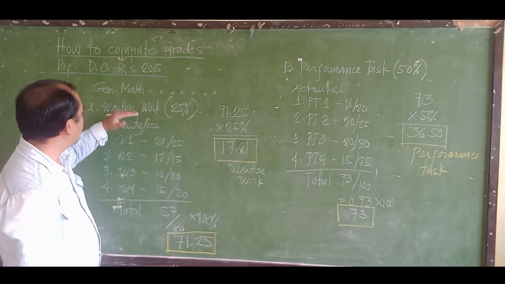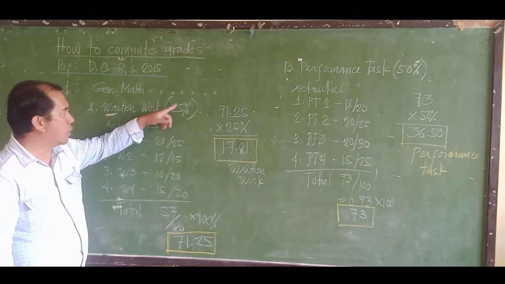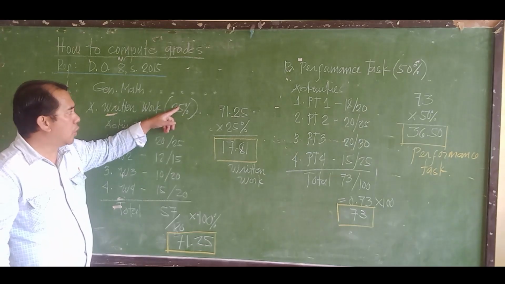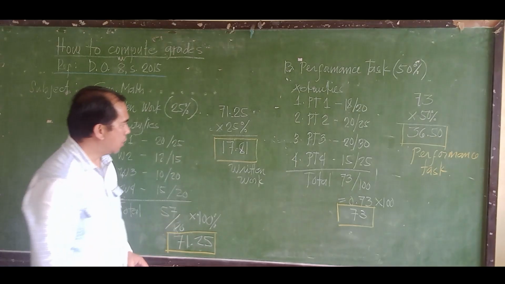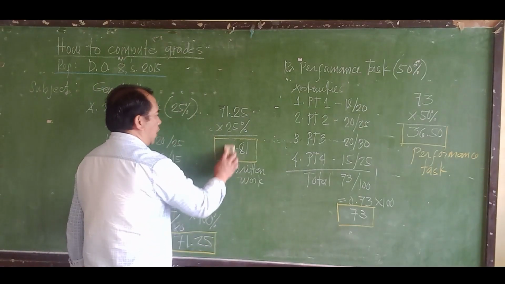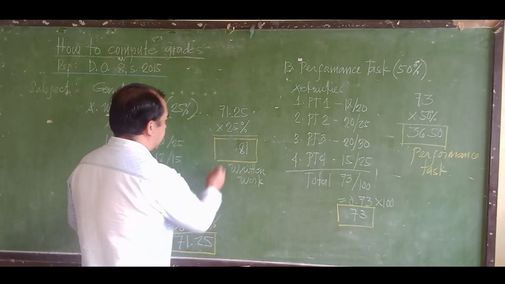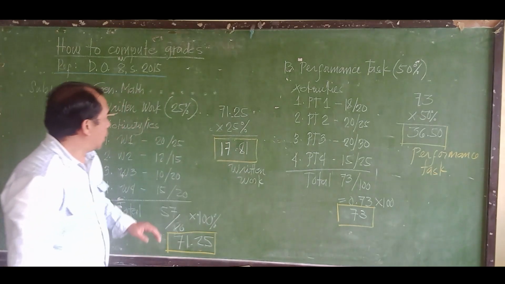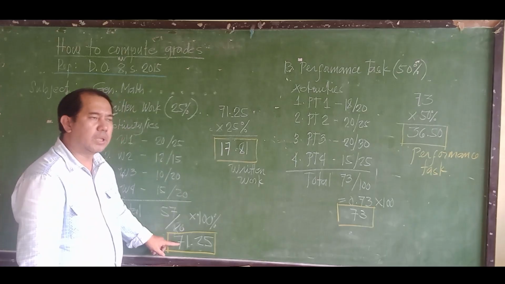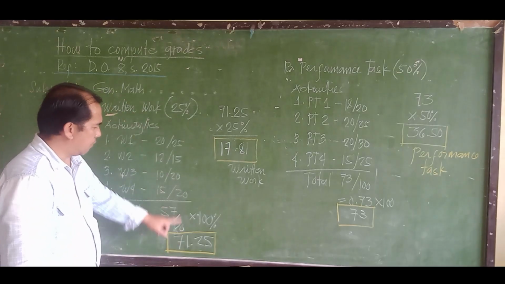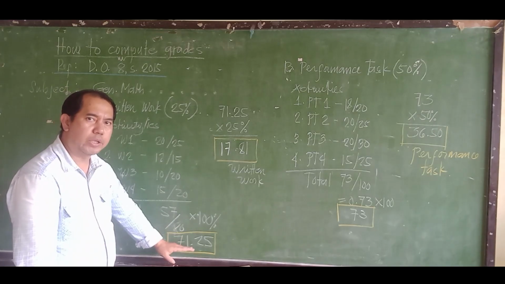Now, the weight that you're going to get from written work is 25%. So what are you going to do? Get the 25% of 71.25. My actual grade in written work is 71.25, and I'm going to get 25% of this.